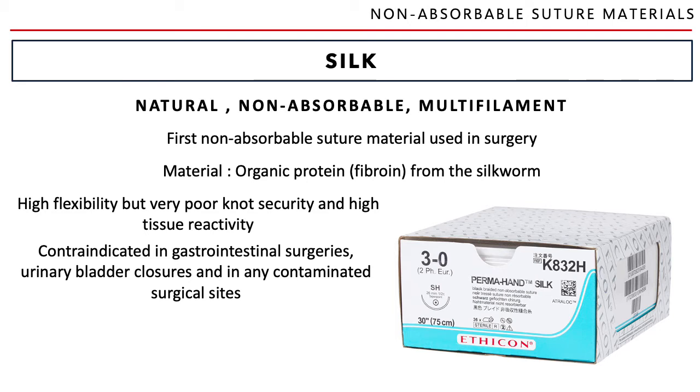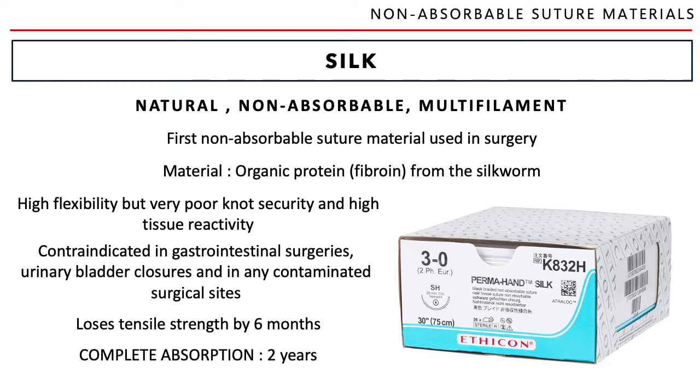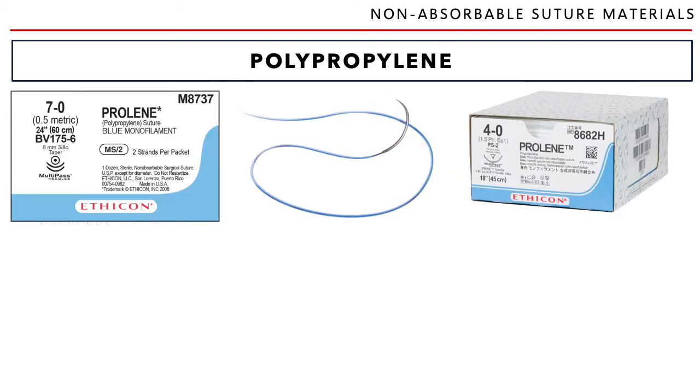You need a good closure, like the intestine, the stomach, the urinary bladder, where any leakage of the contents could lead to peritonitis. This loses tensile strength by 6 months. Complete absorption is 2 years. Again, it's classified as a non-absorbable one. Polypropylene. Polypropylene is very much, what do you call this?